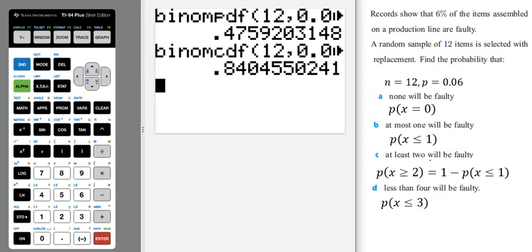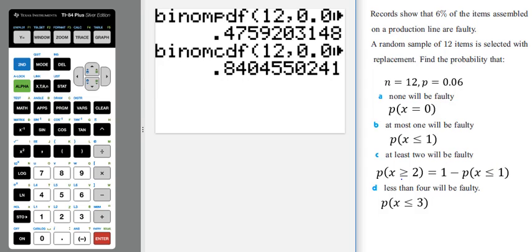Let's go to C. At least 2 will be faulty. We are looking for probability when x is greater than or equal to 2. You cannot get the answer from the graphing calculator directly. You have to turn it into x less than or equal to.